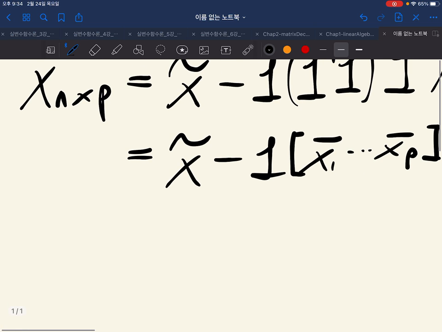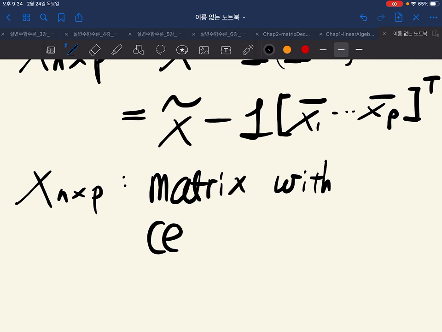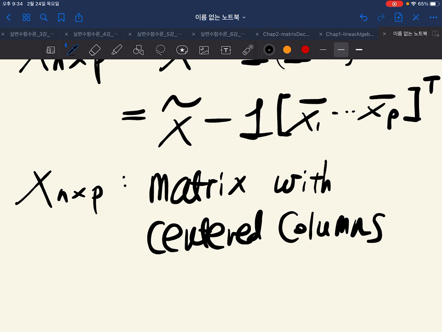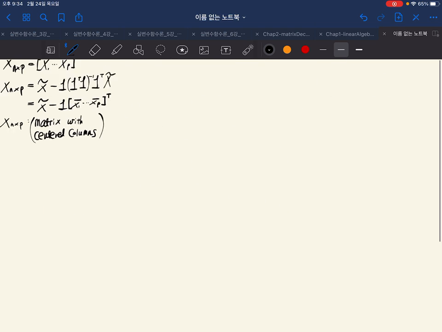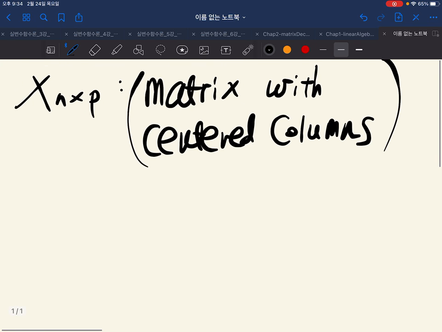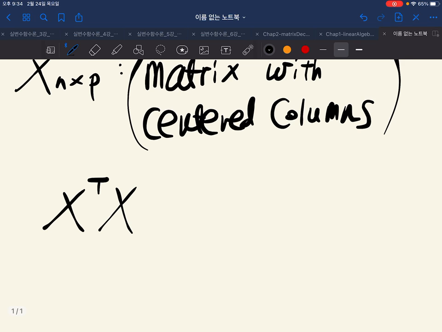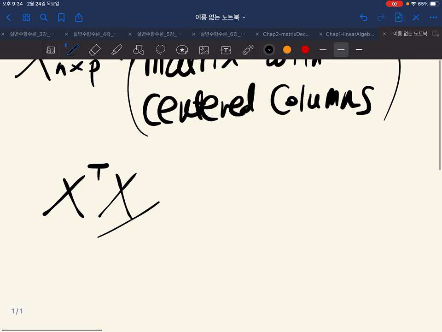So, yep, the X matrix is a matrix with centered columns. And if we take the X transpose X and divide it by n or n minus 1, either is okay.